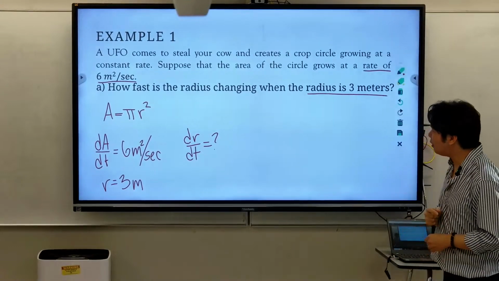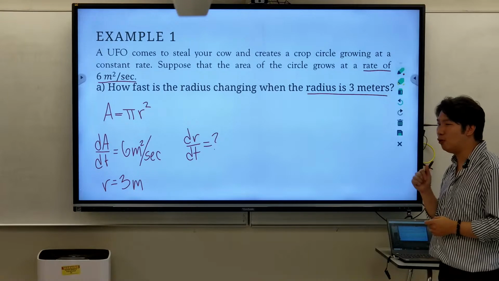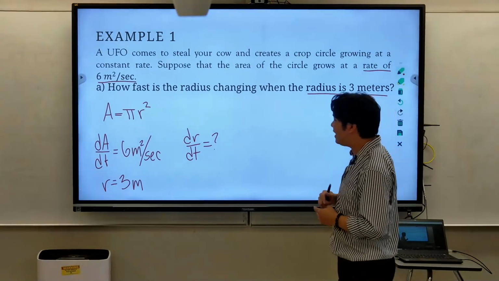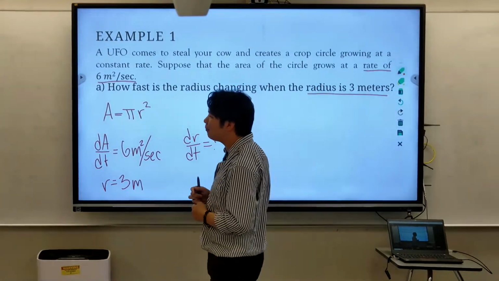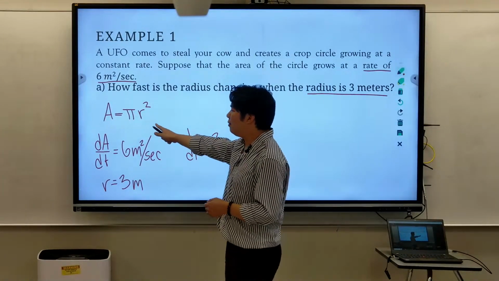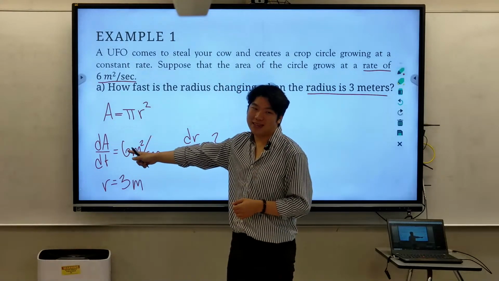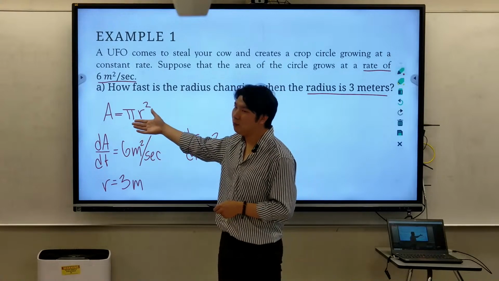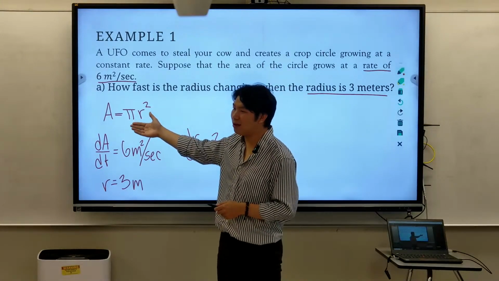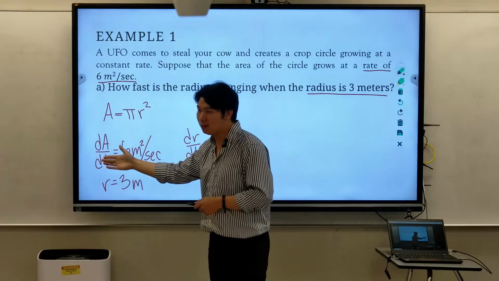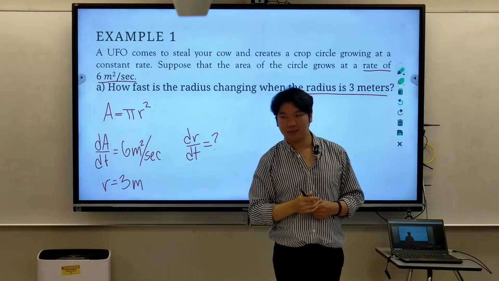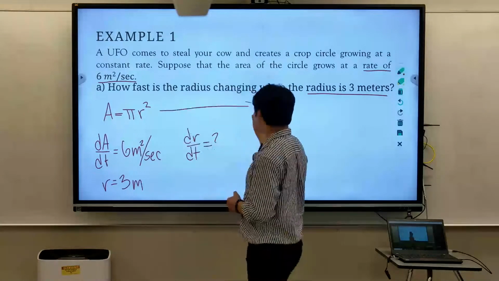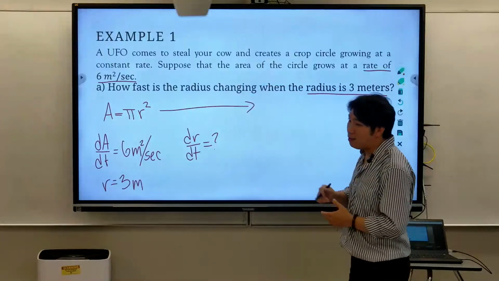So I claim that this is pretty much most of the information I can really pull from this paragraph. I have an equation, I have dA dt, I have dr dt, and I have r. Right now in this equation, I'm not seeing a dA dt, I'm not seeing a dr dt. How could I possibly manipulate this so that it involves these two rates of change? Well, what is dA dt?